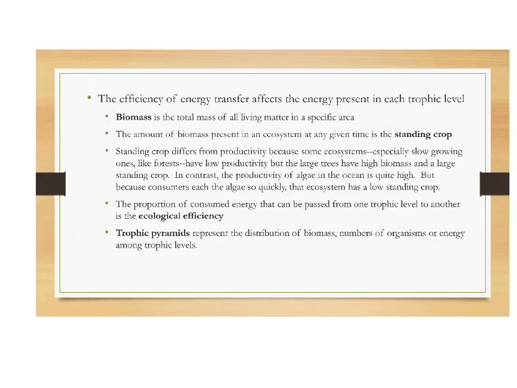Standing crop differs from productivity because some ecosystems, especially slow growing ecosystems like forests, have low annual productivity, but the large trees have a super high biomass, and so they have a large standing crop. In contrast, the productivity of algae in the ocean is quite high, and we just saw that on the last slide. So the productivity of algal beds and algae in the ocean is very high.